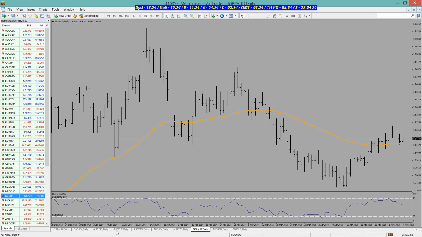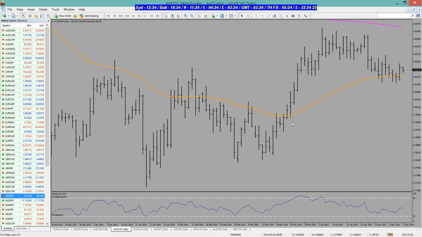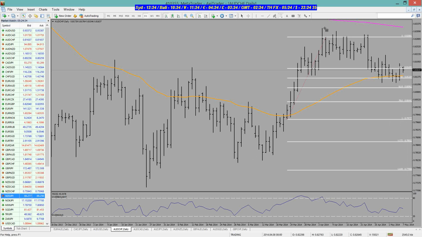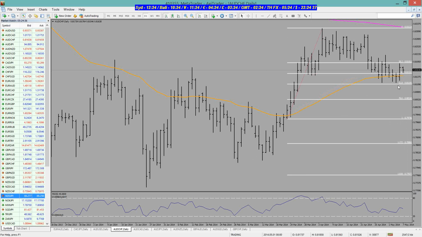When drawing your Fibonacci, you're drawing at the start of phase one, and phase one is when price moves away from the EMA. So this is where you would draw your fib from. Not there, not there, because that's just phase two, back to the moving average. So I would draw my fib like that, and I've got the 618 giving us support.